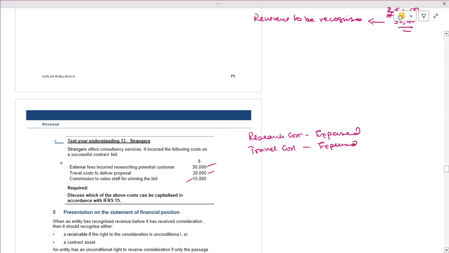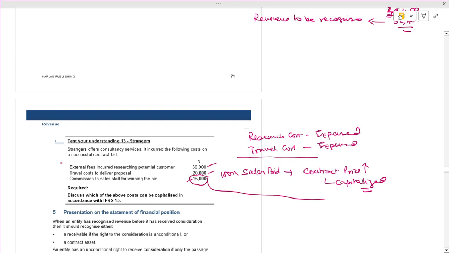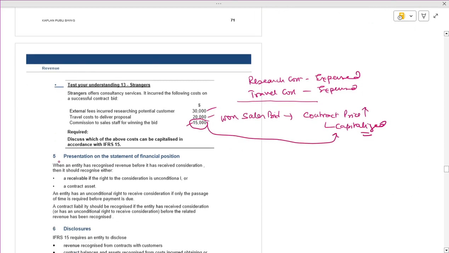Whereas commission to sales staff, once you have won the sales bid, means definitely you are entitled to go ahead with that contract. Once you won the sales bid, the contract price will increase. When the contract price is increasing, we need to capitalize. Which one can we capitalize? We can capitalize only 15,000. That's the simplest way.